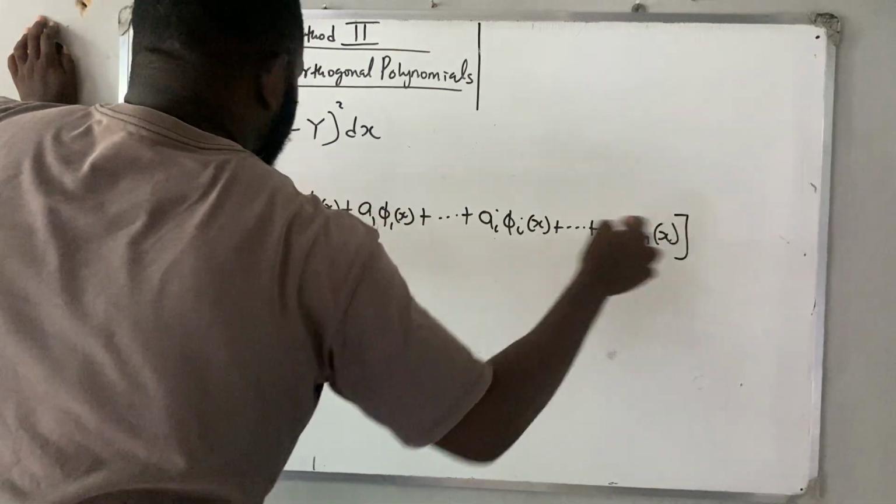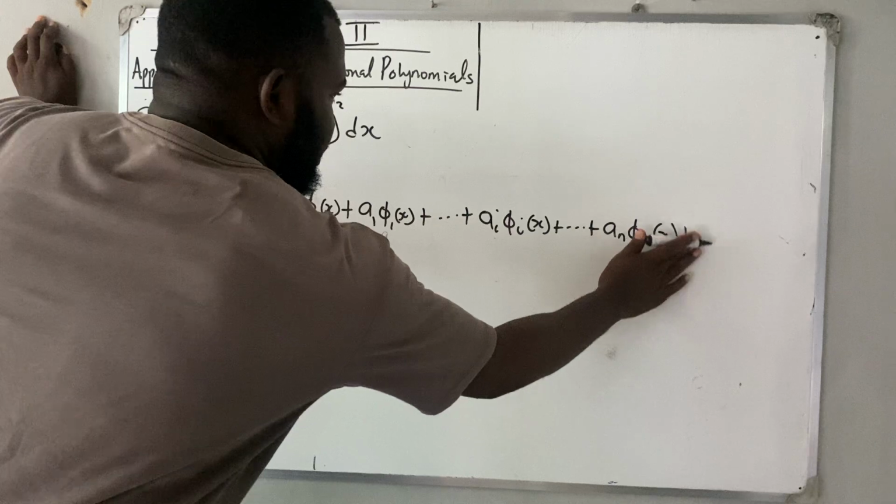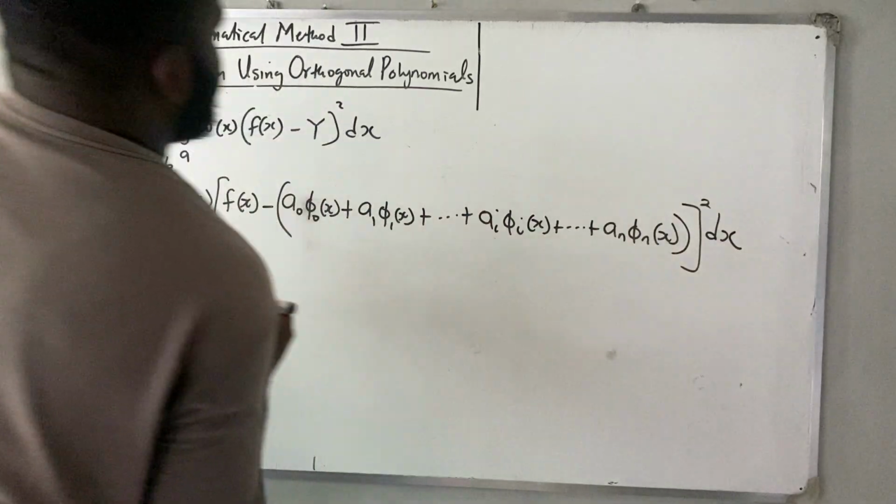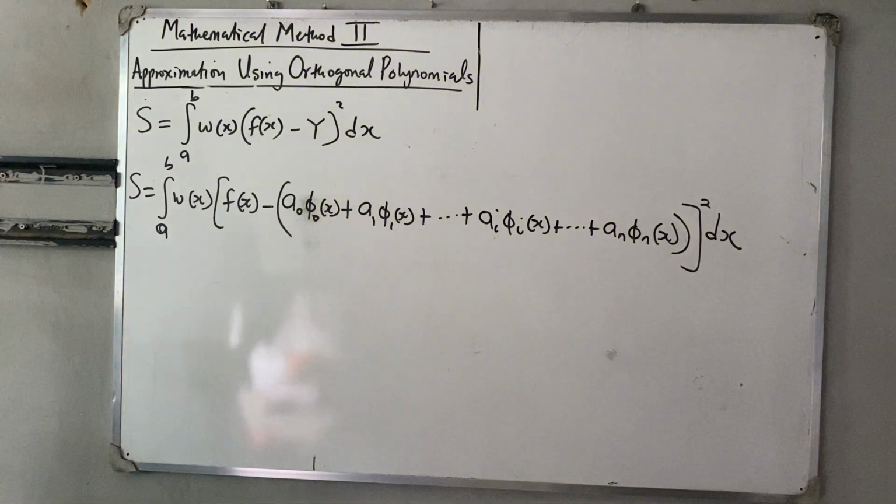Don't forget that if you close this one, then you close the bigger bracket and square it and then put your dx. Okay, so we have known this.